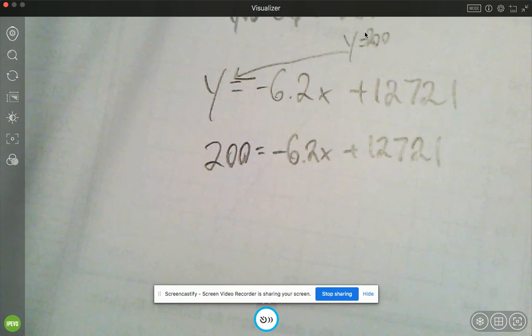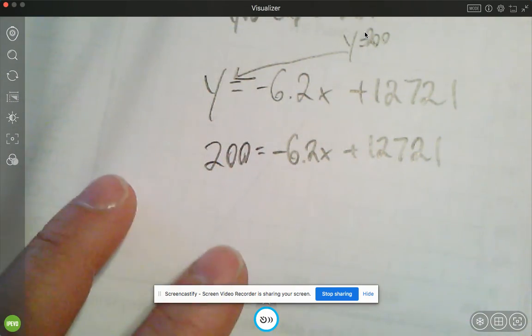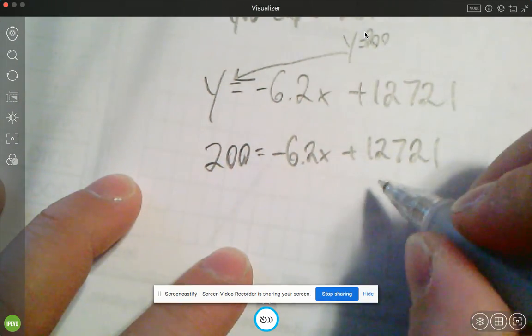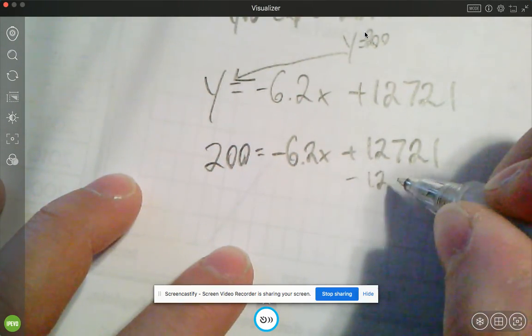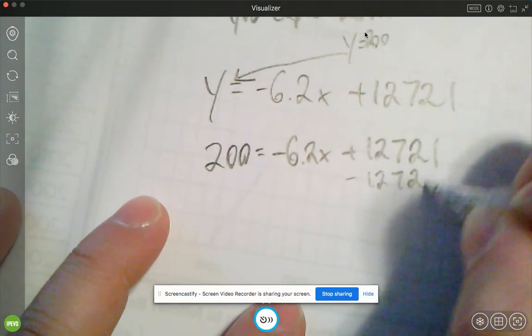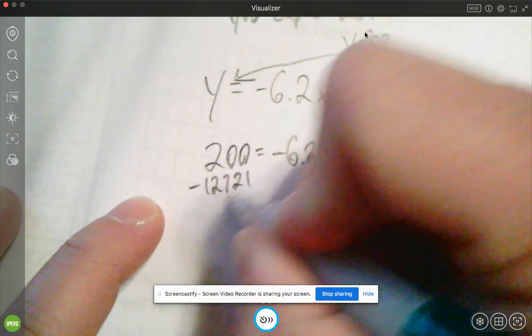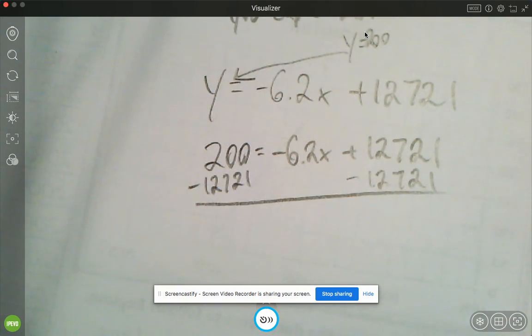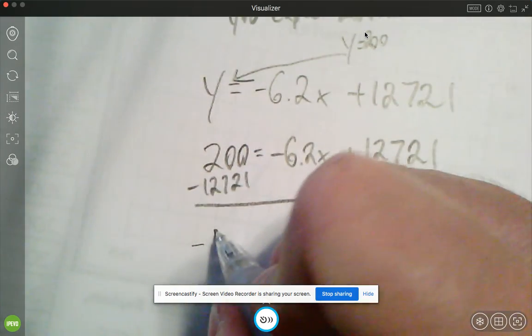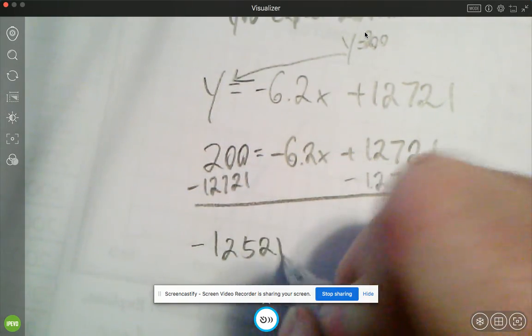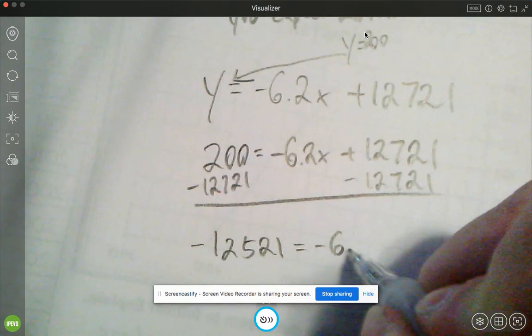I'm literally going to do what I used to do when I solved equations. I'm going to solve for x. I'm going to minus 12,721 on both sides. I get 200 minus 12,721, and I get negative 12,521 equals negative 6.2x.